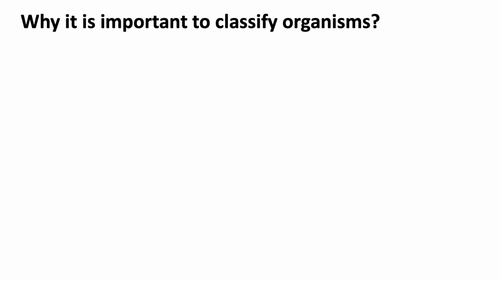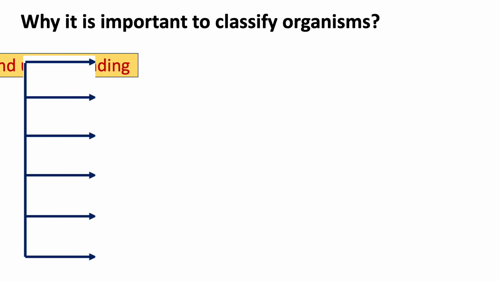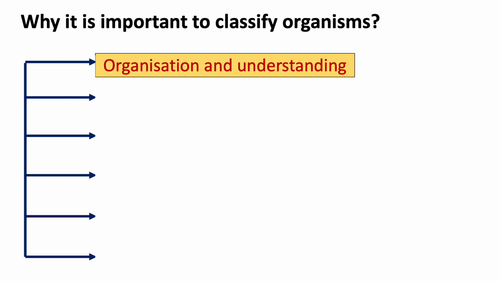So why it is important to classify the organisms? Number 1, organization and understanding. Classification provides us a systematic way to organize and understand the immense diversity of living organisms on Earth.